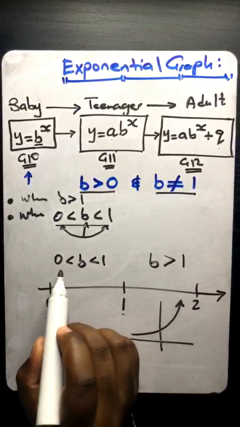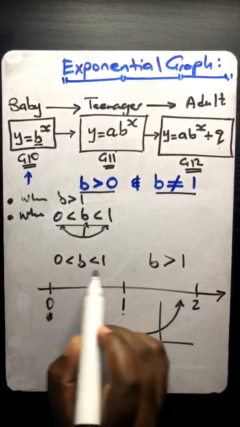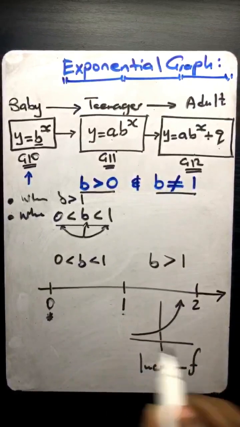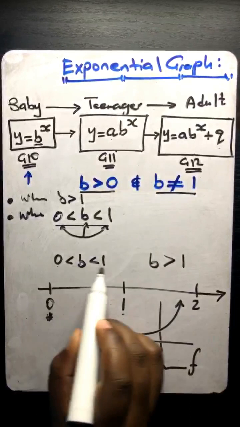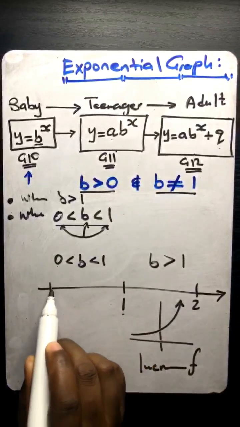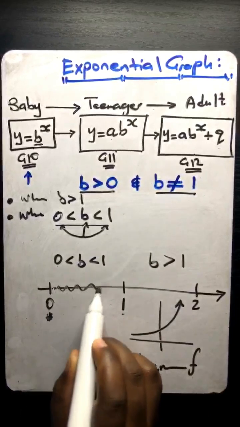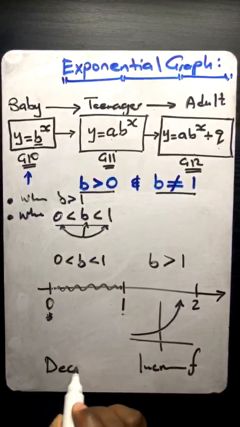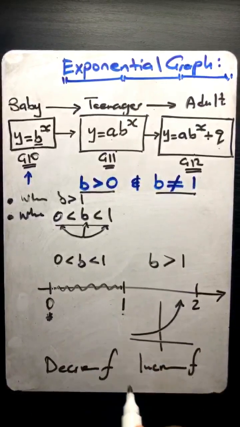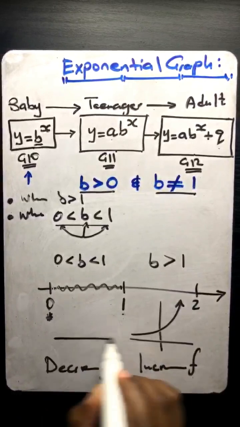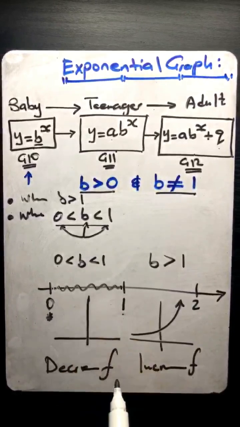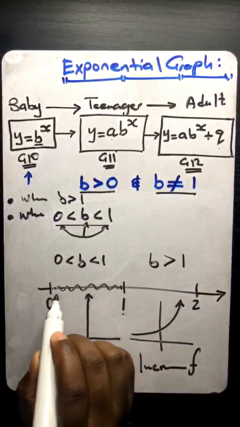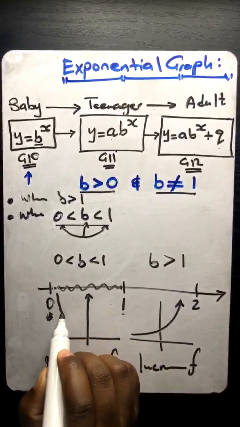And for this one, where b is between 0 and 1, that's when we have a decreasing function. How does a decreasing function look like? Remember, you start from left to right. Can you see the y value is decreasing?